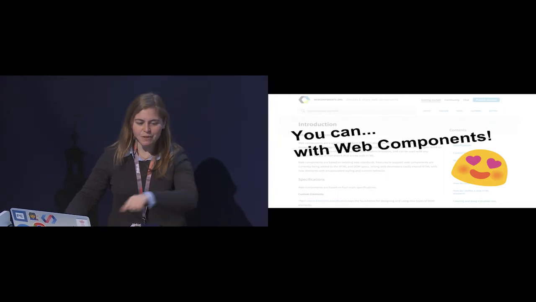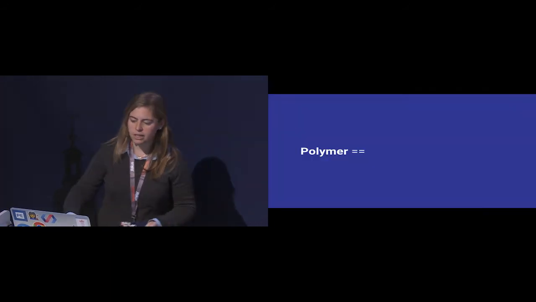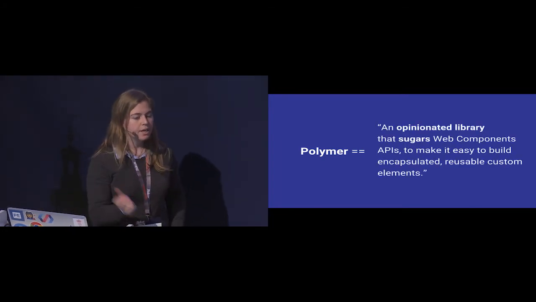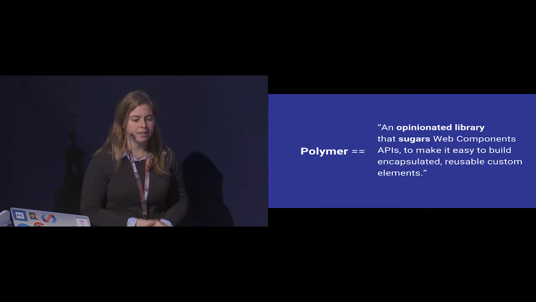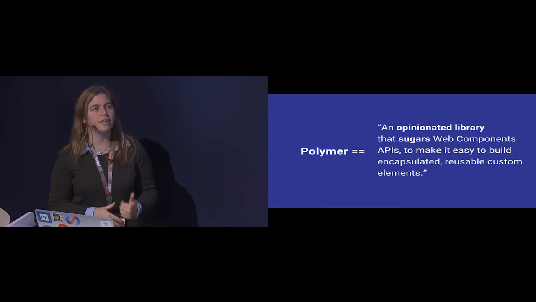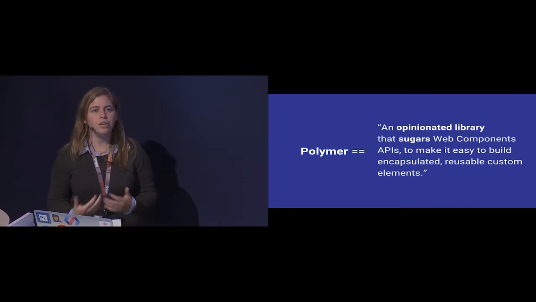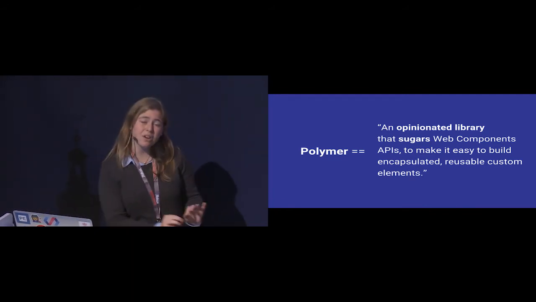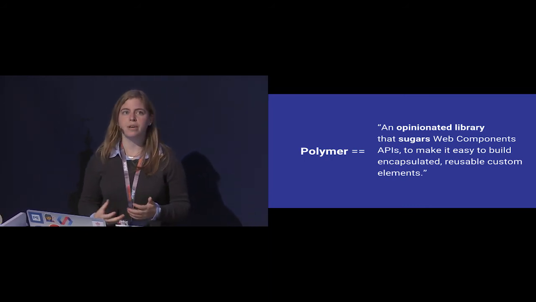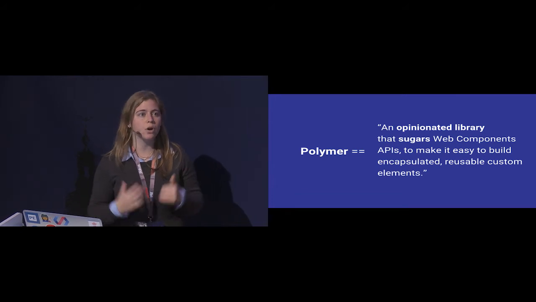So now, let's revisit the definition of Polymer and see that Polymer is an opinionated library that sugars the Web Components APIs to make it easy to build encapsulated, reusable custom elements. So all we do as the Polymer team in the Polymer library is say, OK, there's these 4 low-level browser APIs. We're going to make them more ergonomic for you.